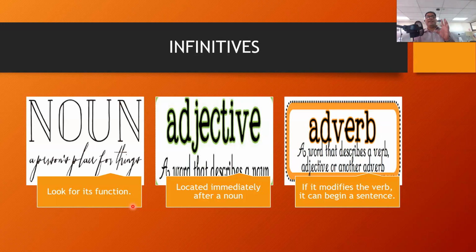Sometimes you can see the adverb of purpose, and the adverb of purpose can be moved around. If I can move the infinitive or the infinitive phrase to the beginning of the sentence, then I can surely say that that is an adverb.